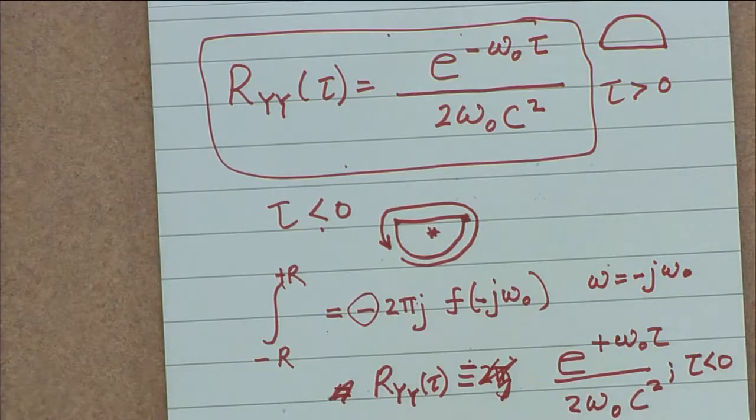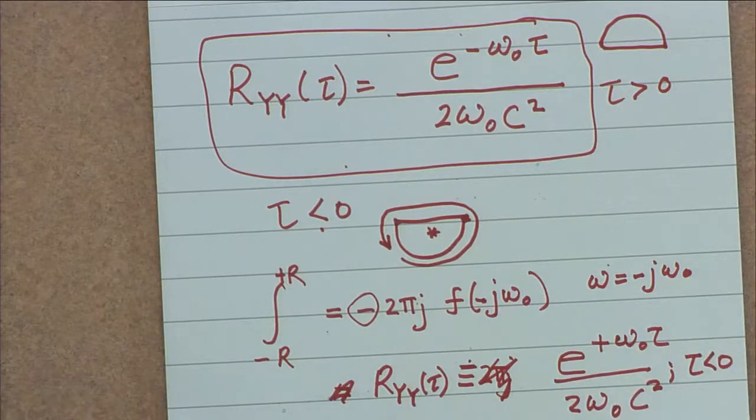You'd have to get a table of Fourier transforms. If you know the transform, you have to find the inverse transform. So what we've been doing is calculating the inverse transform.